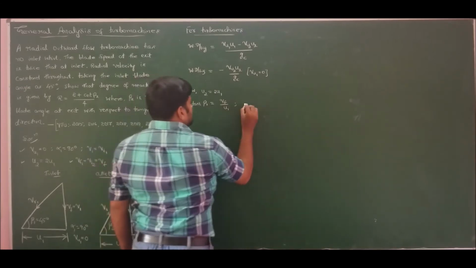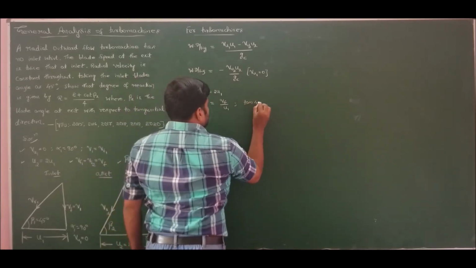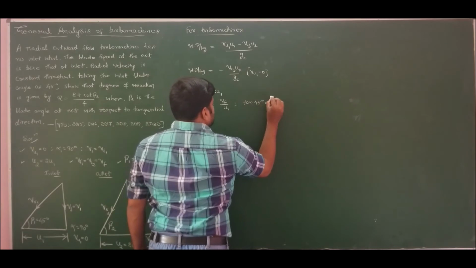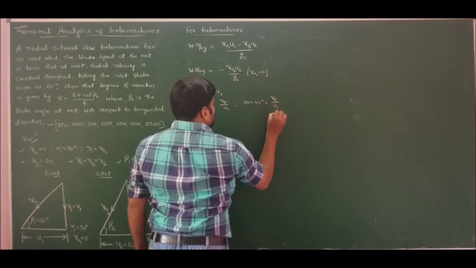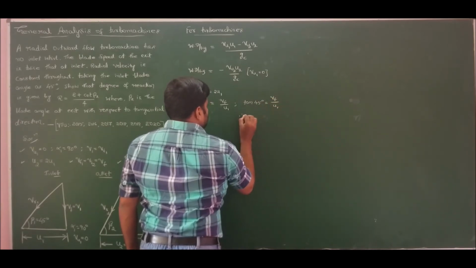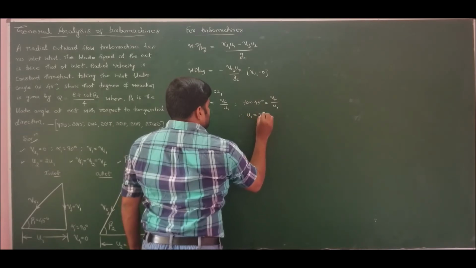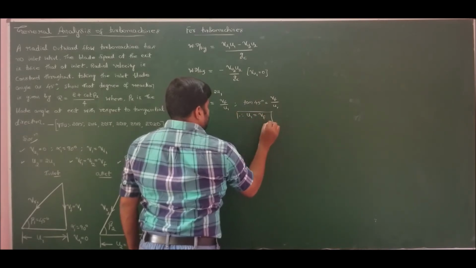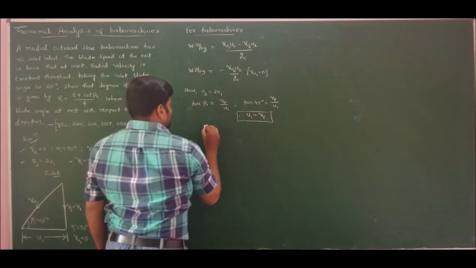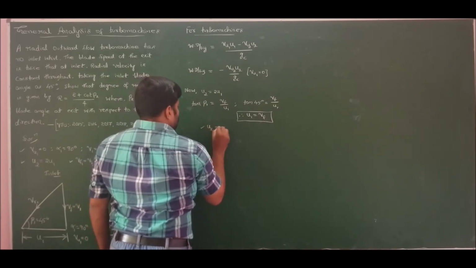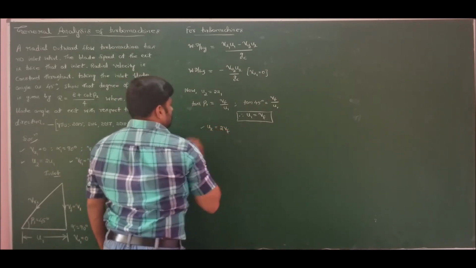So tan 45 degrees, since β1 is 45 degrees as given, is equal to Vf by U1. Therefore U1 is nothing but Vf, as tan 45 degrees is 1. So hence we got U2 is nothing but 2 times Vf.